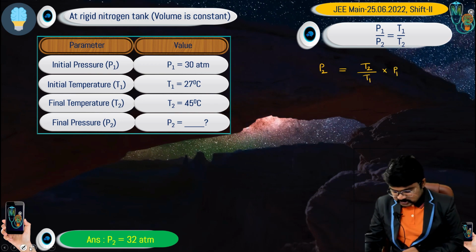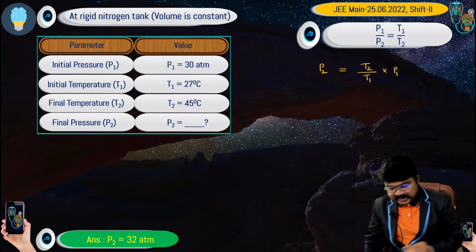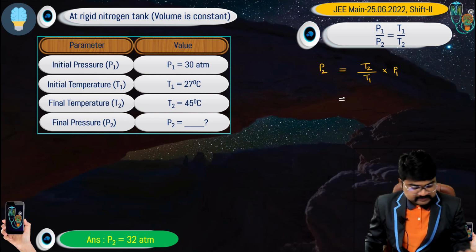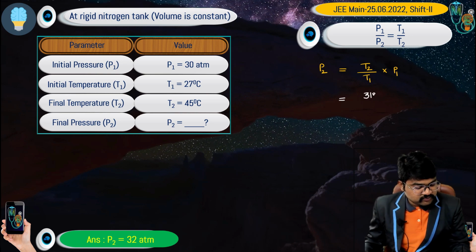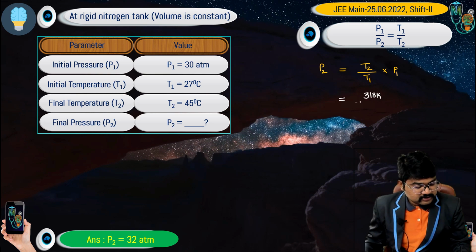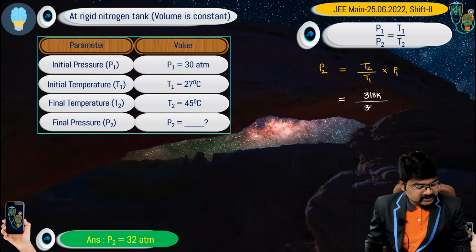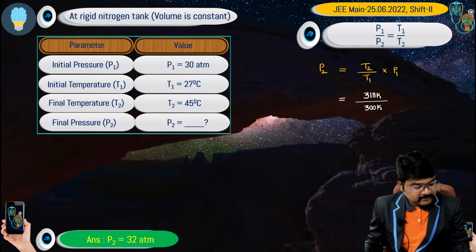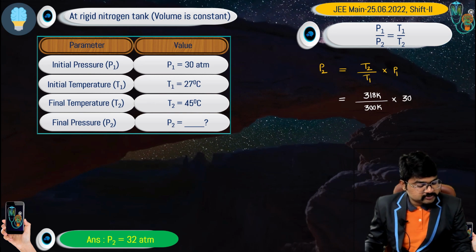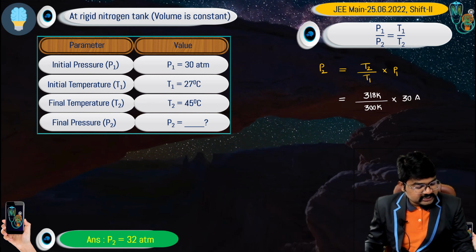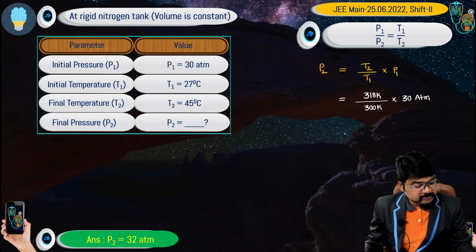What is T2 here? You converted it into Kelvin, 318 Kelvin. What is T1? 300 Kelvin into, what is P1? 30 atmosphere.